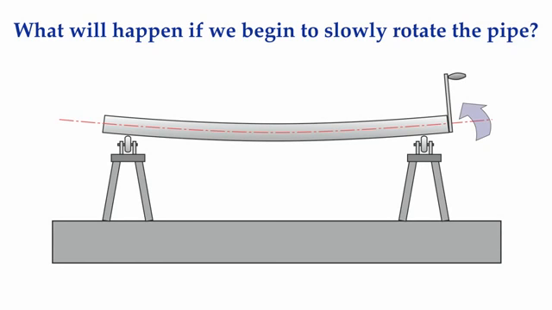If we were to weld a bar on one end of the pipe and put a crank handle on the bar, then grab a hold of the crank handle and begin to slowly rotate the pipe, what would happen? The instant the pipe started rotating, would the pipe immediately spring into a perfectly straight line? No, it wouldn't. The pipe is going to rotate on a curved center line of rotation.